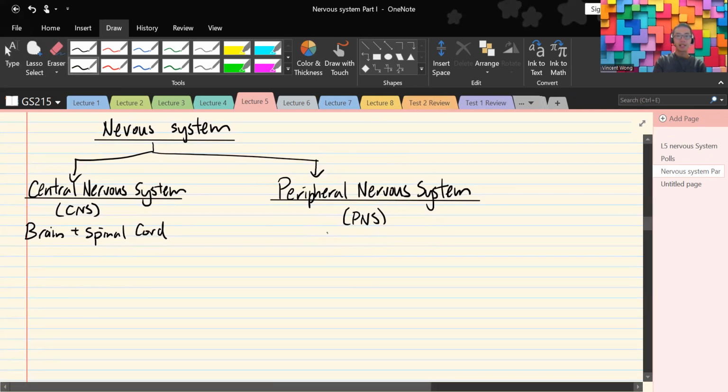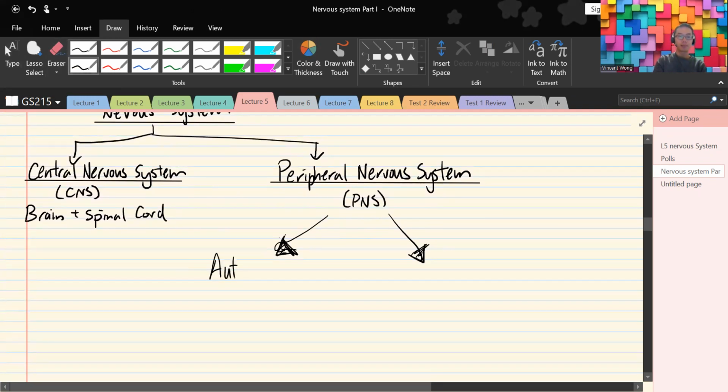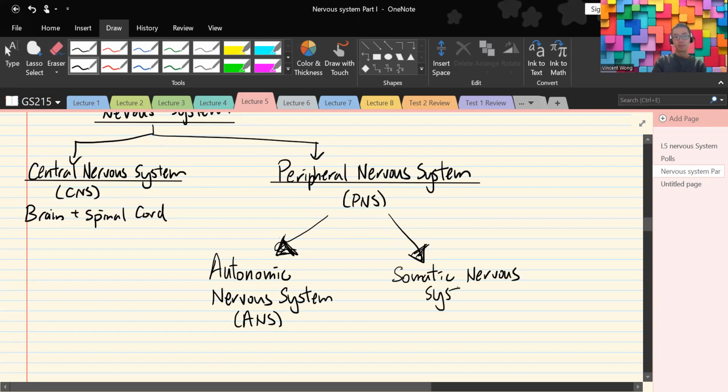The PNS is functionally divided into two divisions. We have the autonomic nervous system, which is called the ANS, and the other division is the somatic nervous system, which we call the SNS.